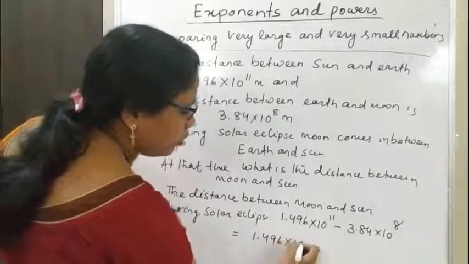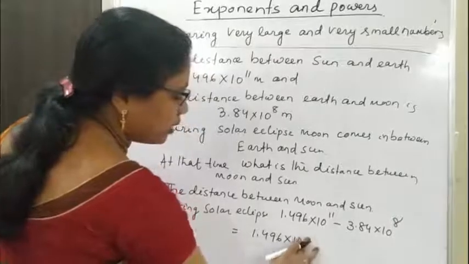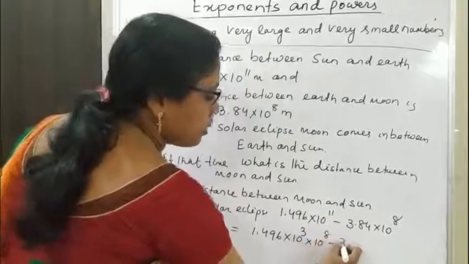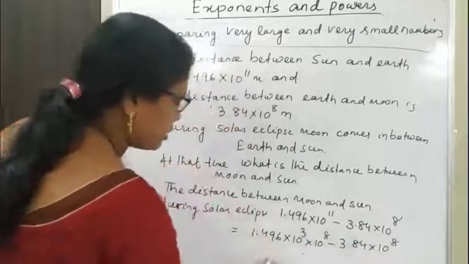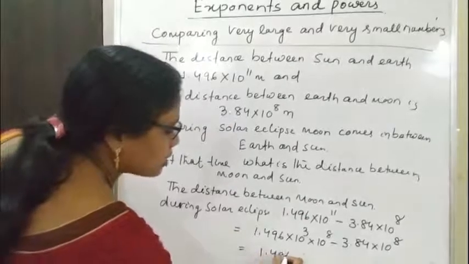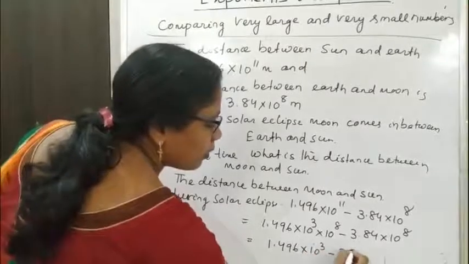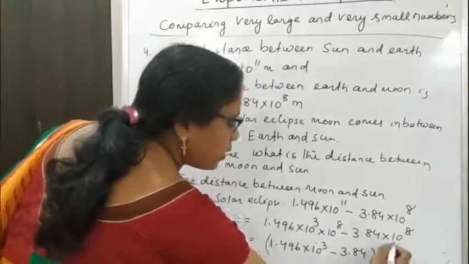1.496 into 10 to the power 3. We can write it as 10 to the power 3 into 10 to the power 8 minus 3.84 into 10 to the power 8. So this is equal to 1.496 into 10 to the power 3 minus 3.84 whole into 10 to the power 8.